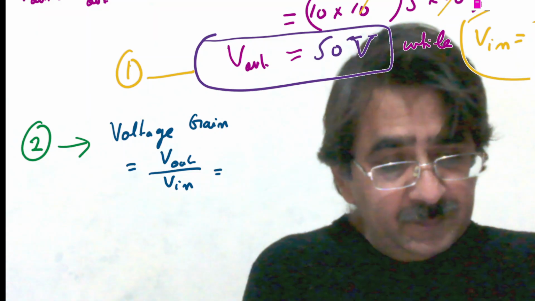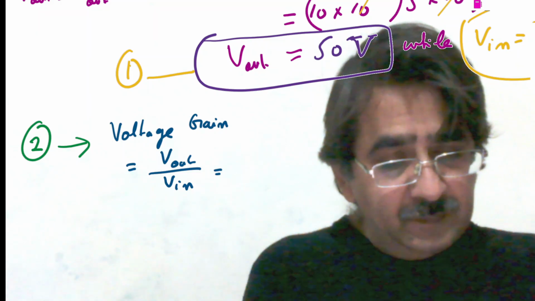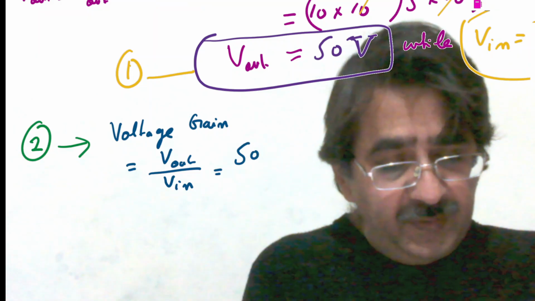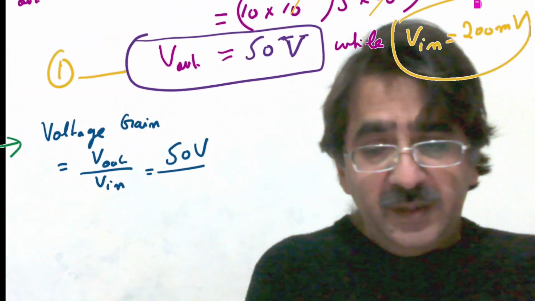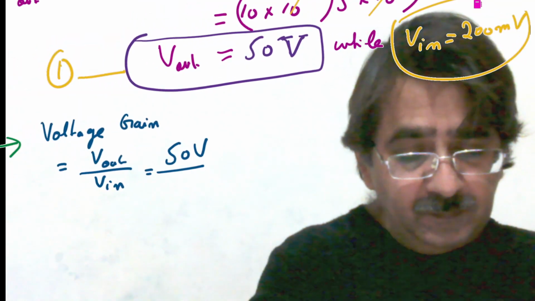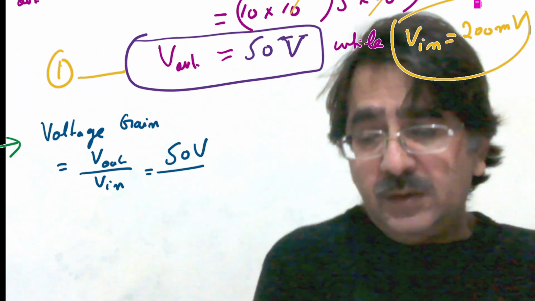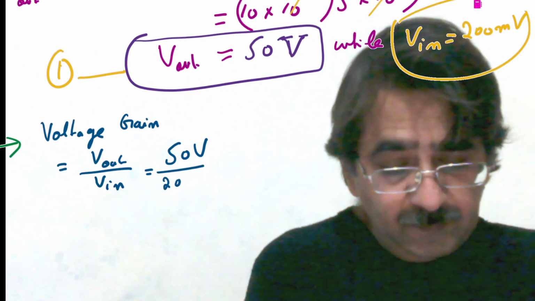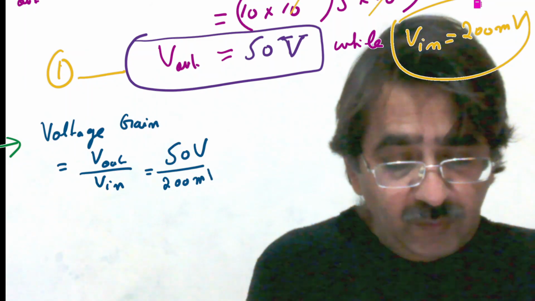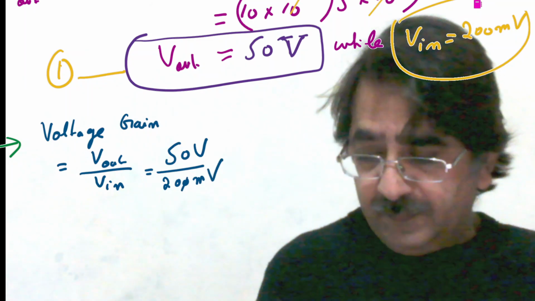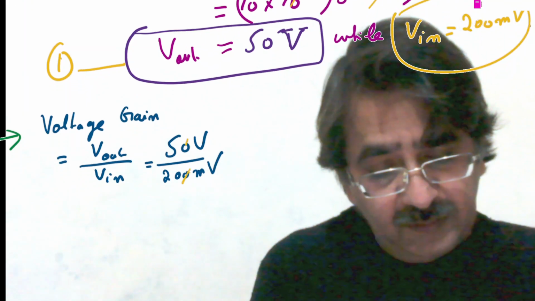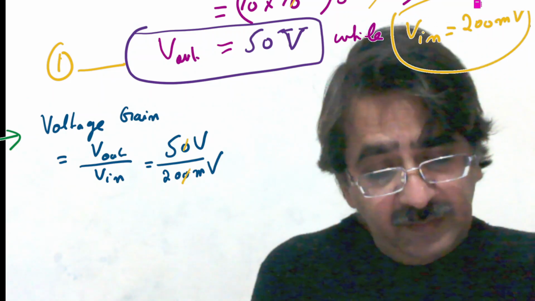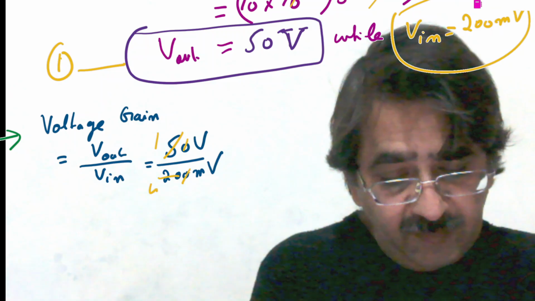V out is 50 volt. V in is 200 millivolt. The zero may be cancelled with the zero, and 5 over 20 is 1 by 4.